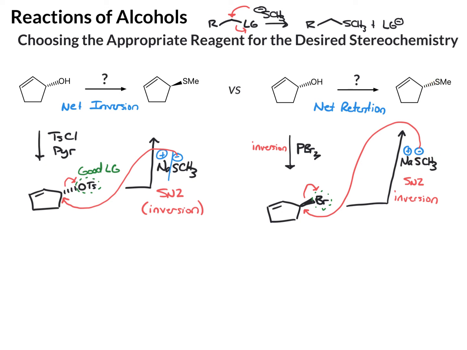So what we have here is double inversion, which is the same as net retention. So depending on the stereochemical outcome you want, pick the correct reagent to convert OH to the leaving group.